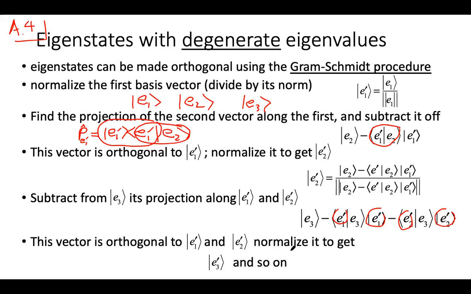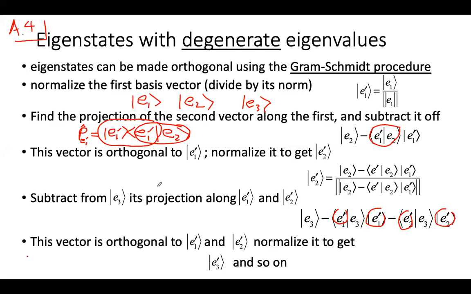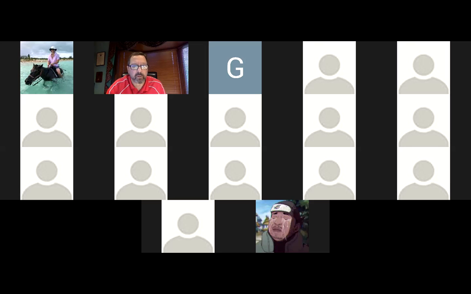All right, here's the example problem I want to do. How come I can't advance my screen here? Do I have to stop sharing in order to advance my screen? Let's share that. Somebody has to explain to me why I can't advance my screen right here.